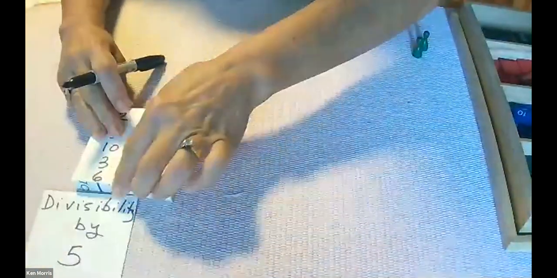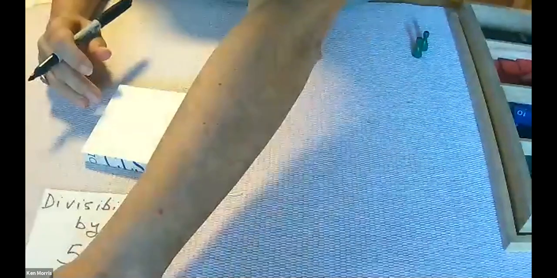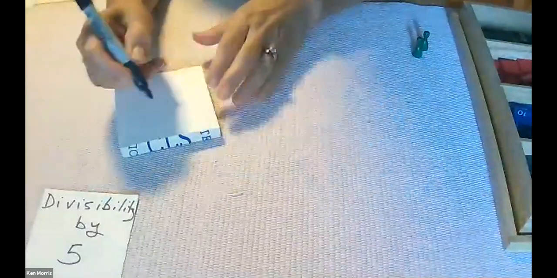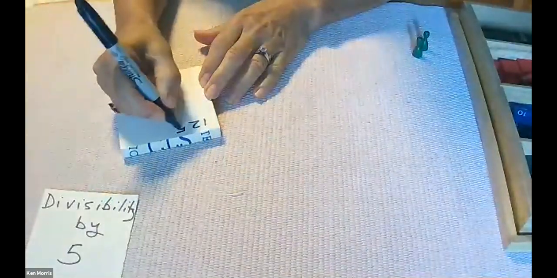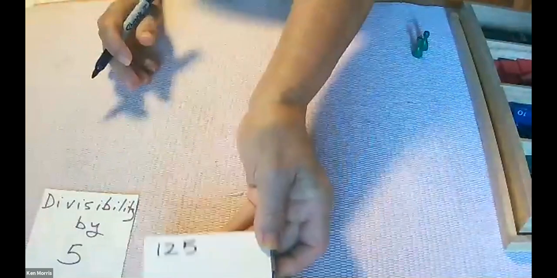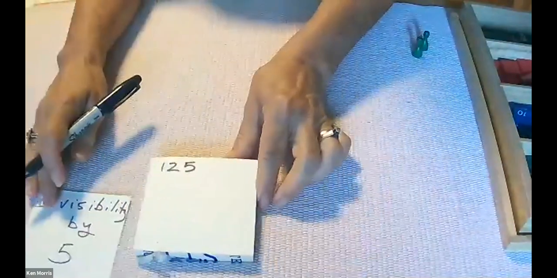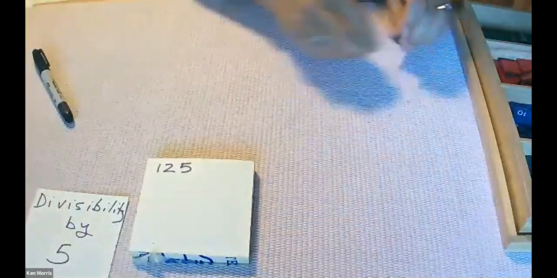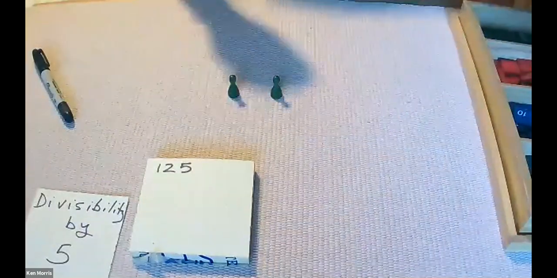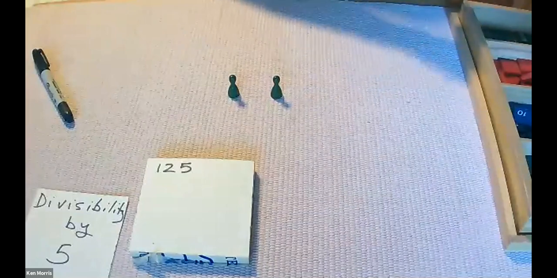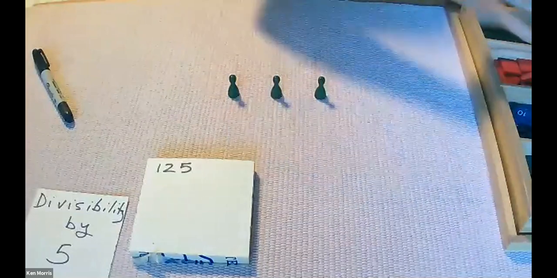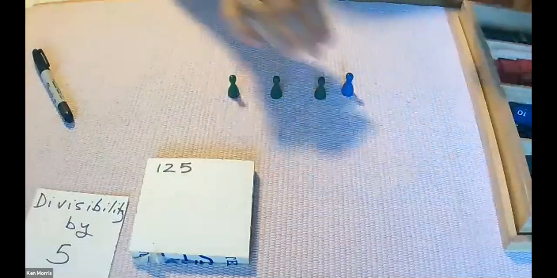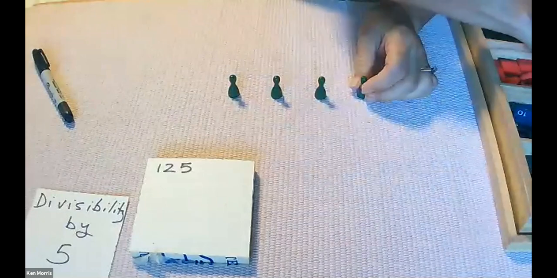So we are going to start with the number 125. And we are testing for divisibility by 5, so I need to get 5 Skittles for my divisor. That's a blue one, I don't want a blue one.